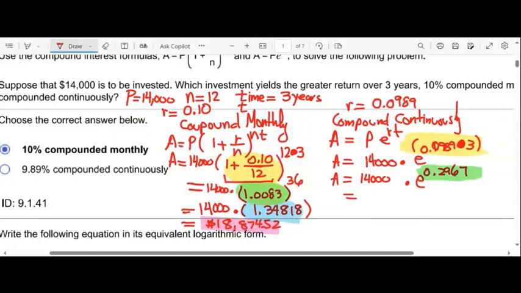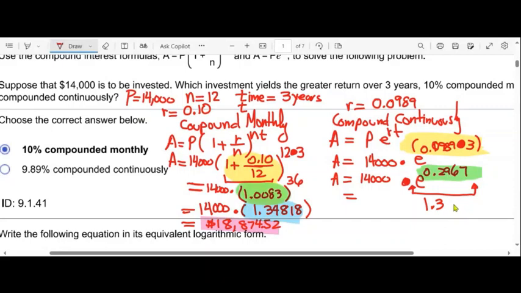How much does it give you? This one, the E to the power. Okay, one minute. Shift. Okay, 0.2967. That will give us 1.3454, so approximately 1.35.